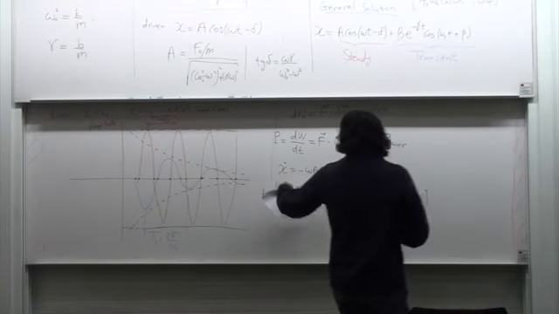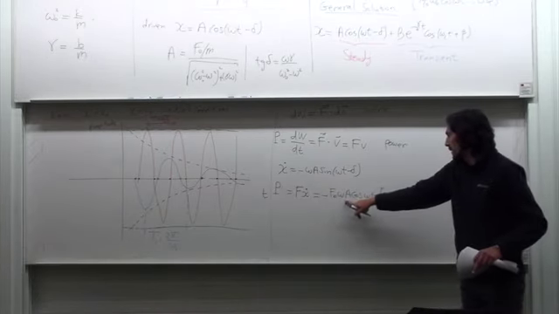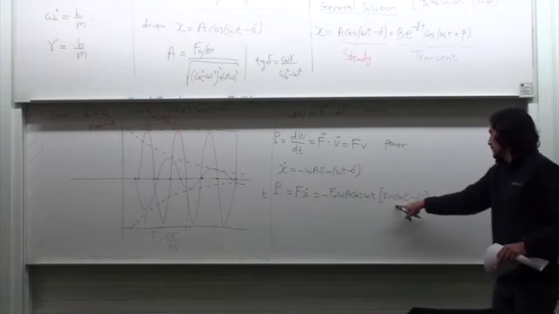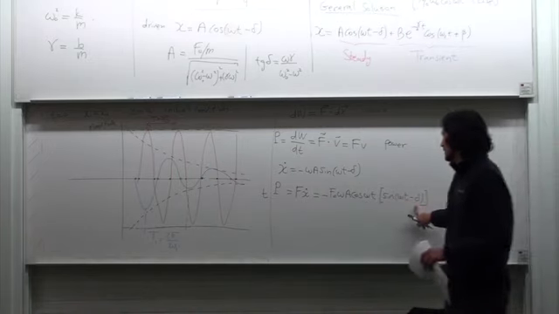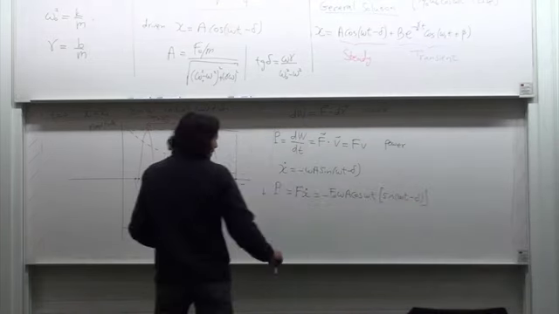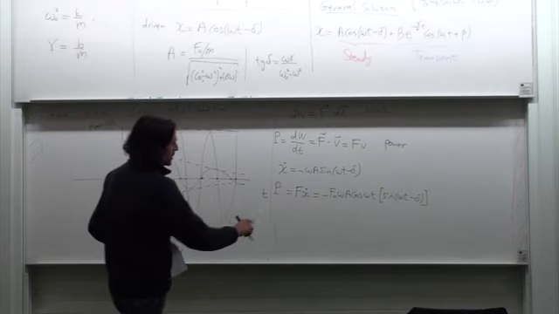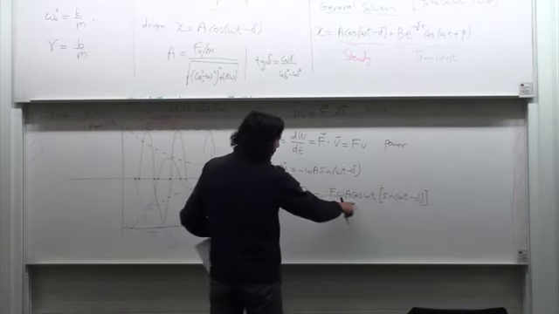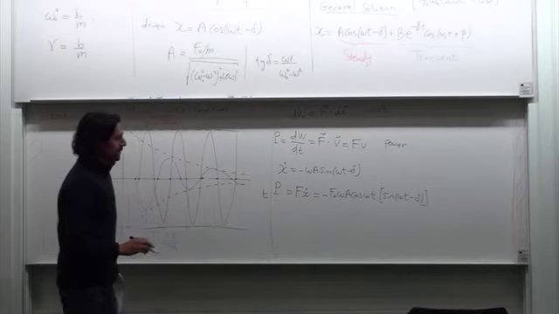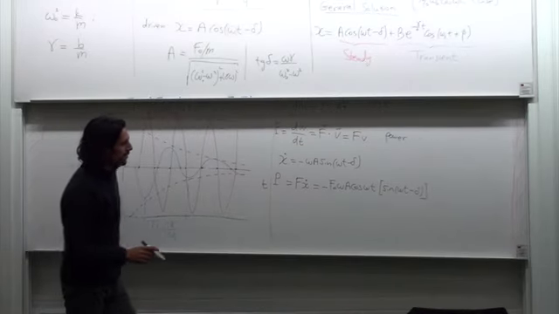Right, x dot is minus omega A sine(omega t minus delta), and the force is F0 cosine(omega t). So this is the power.